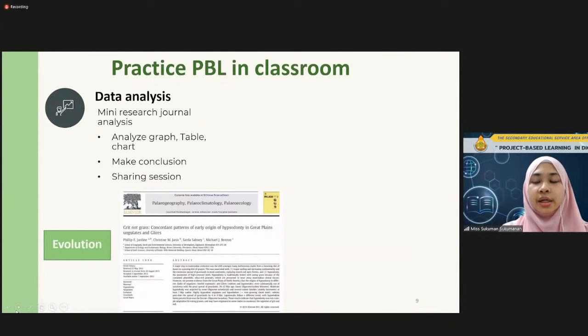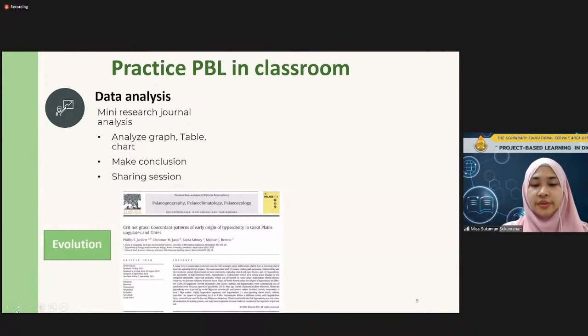An interesting part that I would like to suggest to everyone as a science teacher is to introduce real science to the students. In one class I teach evolution, and I know that most students think evolution is abstract and far from themselves, right? But in reality, there are many paleogeographers and scientists working together, trying to analyze data to prove evolution.